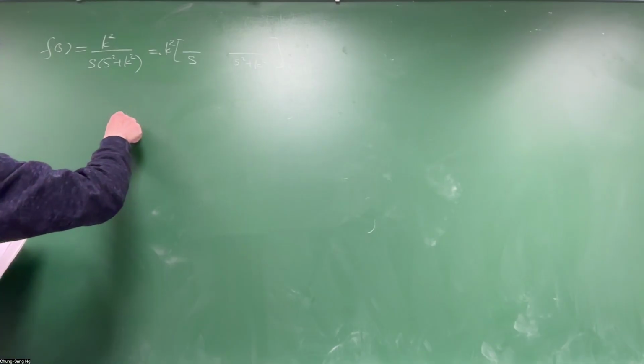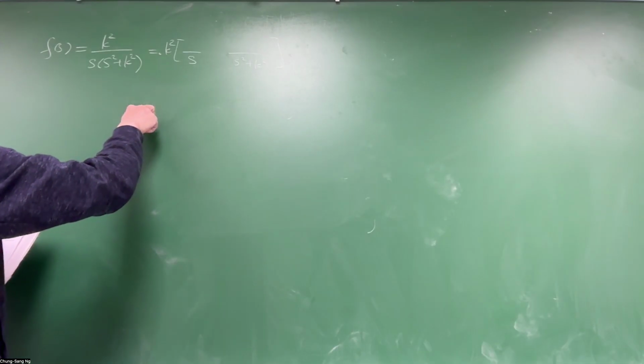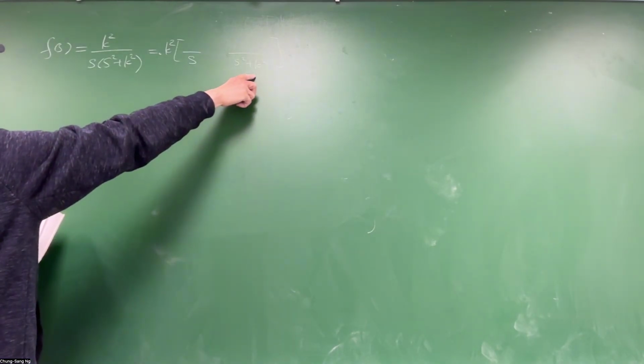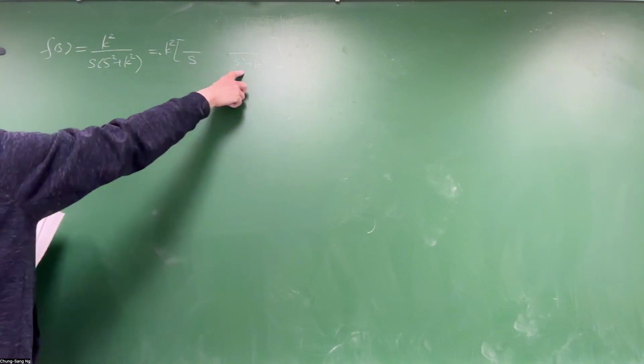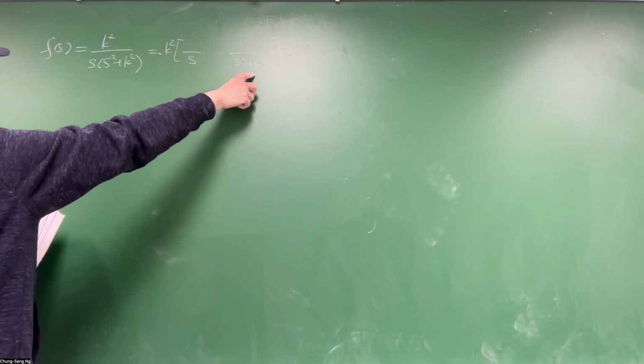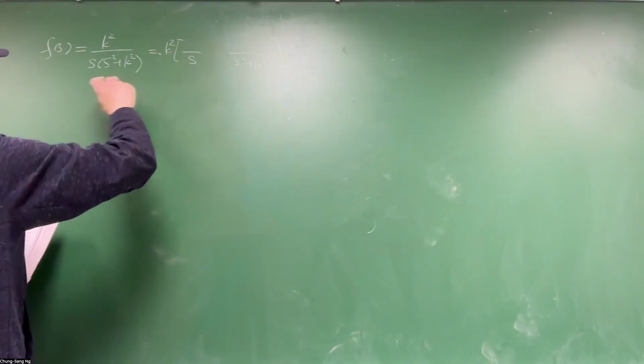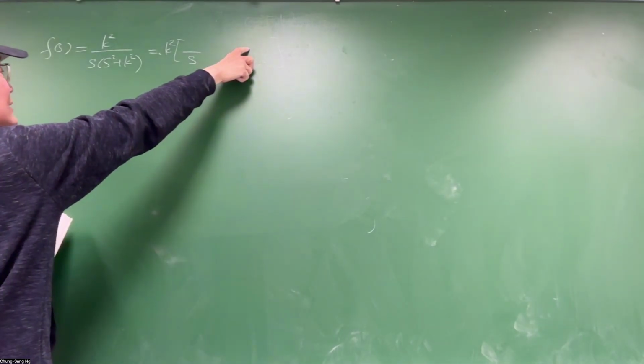Actually you might not need to pull out the k squared, because you already have a k squared. With the common denominator s times (s squared plus k squared), you multiply s squared plus k squared here and you multiply s here.